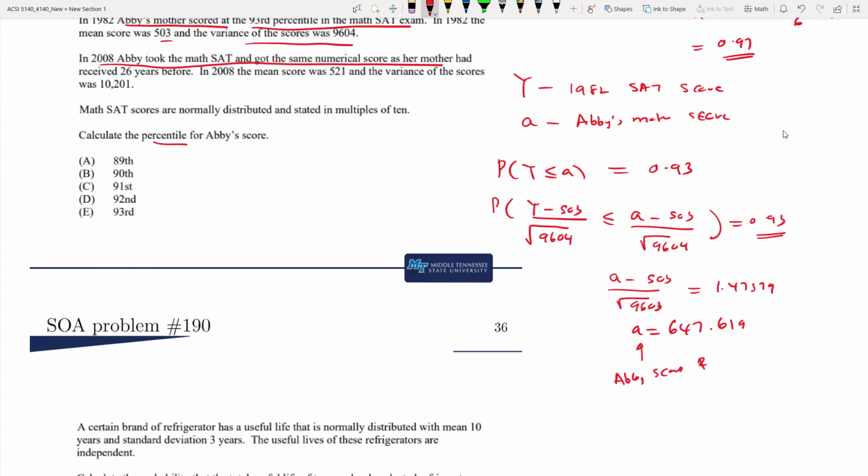So you want to know y less than or equal to 647.619. What's that number? The percentile. So we standardize again, but with different mean and standard deviation.